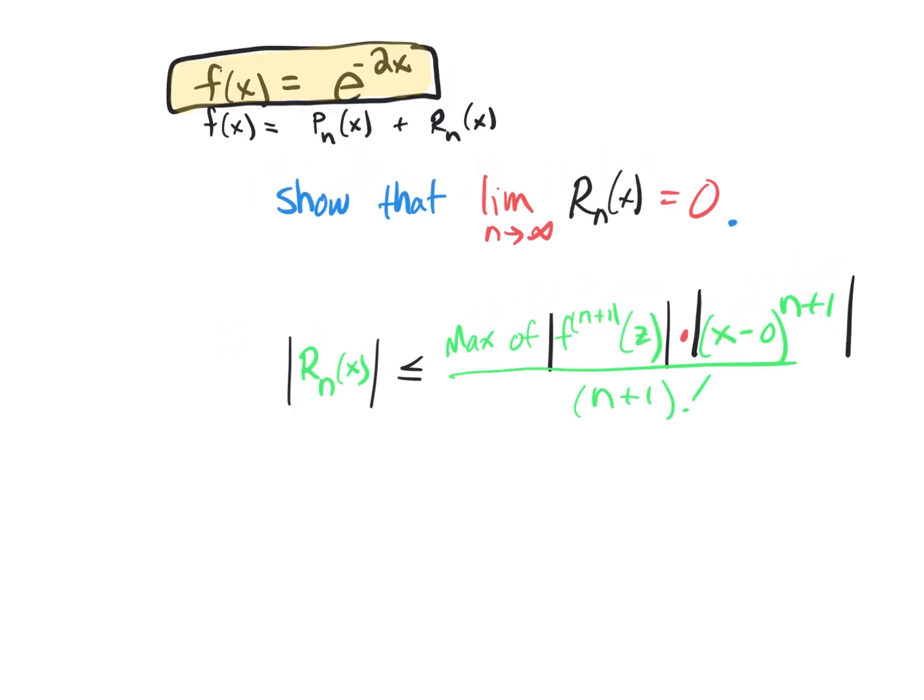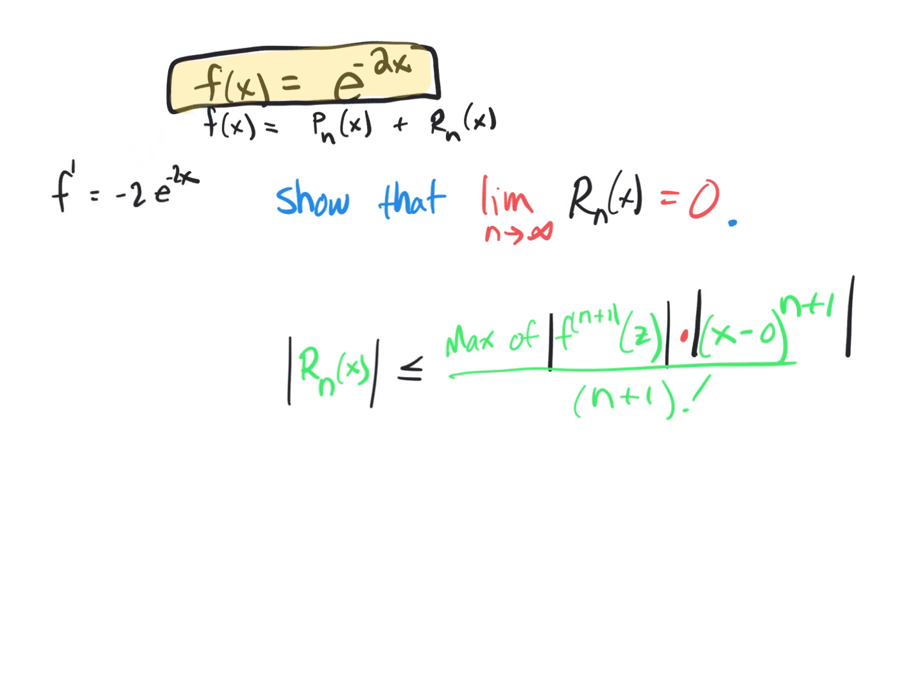Well, for this problem, the function is e to the negative 2x power. So we need to figure out what the possible maximum value is for the n plus 1th derivative of f. So what are some successive derivatives of f?